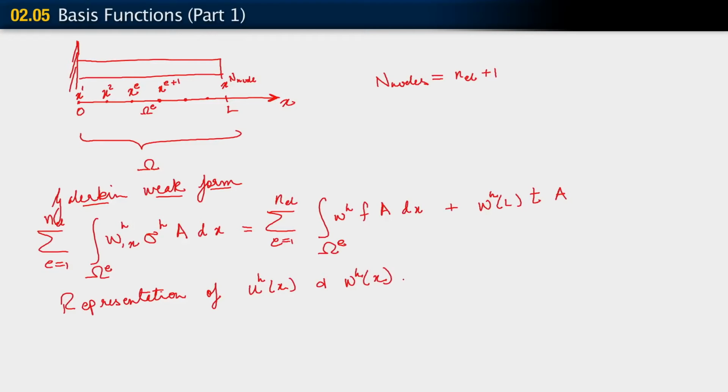Now, in doing this, observe that because we are able to use this decomposition of our integrals over these element subdomains, we really only need to worry about how to carry out this representation over an element subdomain.